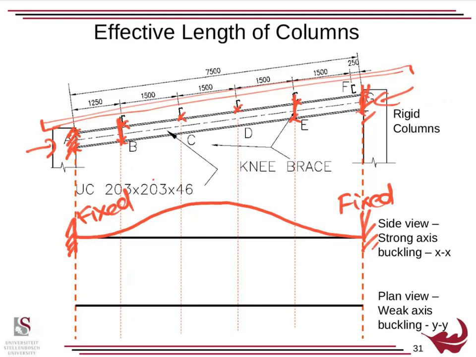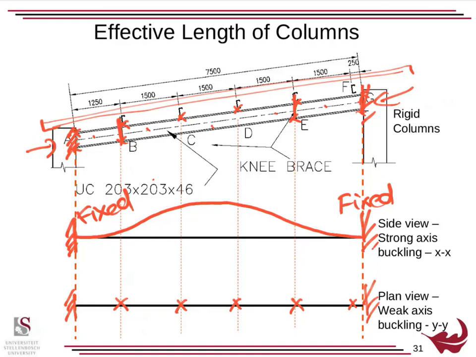Buckling about Y, if it was to move sideways, it's fixed there, and then we will design between points of lateral support always. So if I was actually designing this as a column, I'd have 1, 2, 3, 4, 5, 6. I would design this as 6 columns.